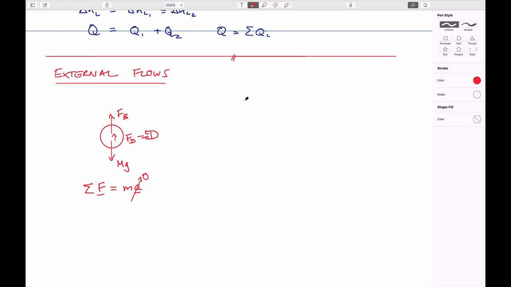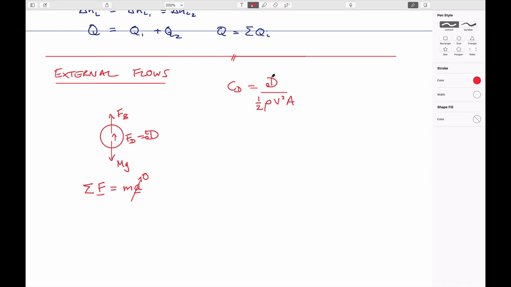And the behaviors of those, in each case, the coefficient of drag is equal to some drag force divided by, by convention, a half, rho v squared times area.